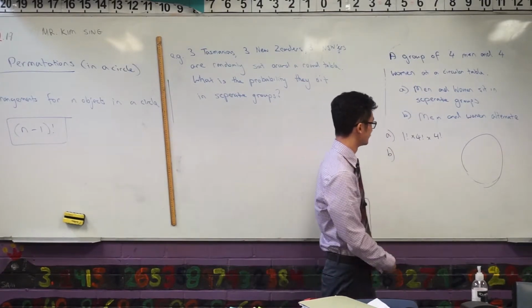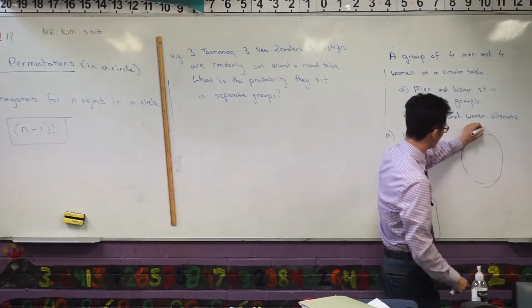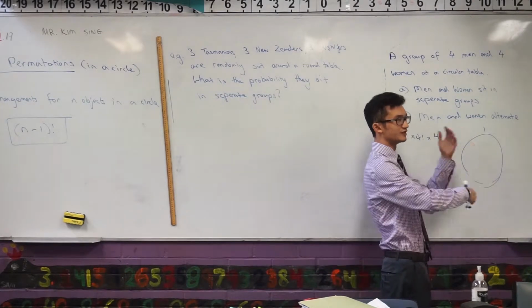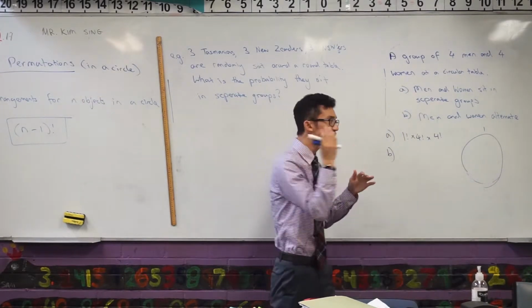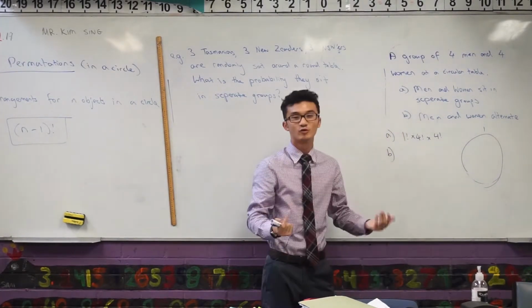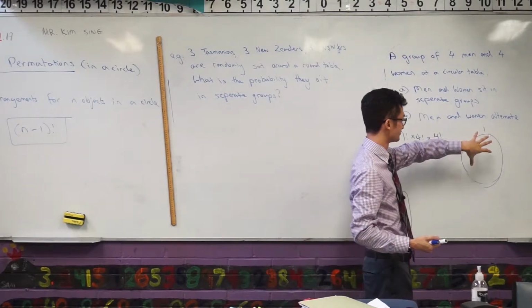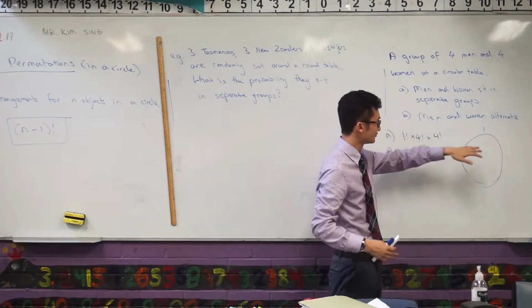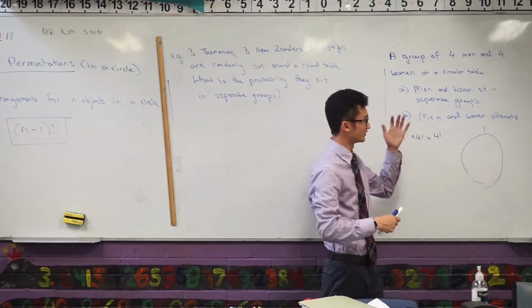Let's just say I put 1 man down first. Now, how many ways can we do that? And remember, because of the nature of a circle, the first person you put down, there's essentially only one way to do that, because it doesn't matter where they're sitting, right? There isn't anything fixed yet. There's really only one way to put that first person down.